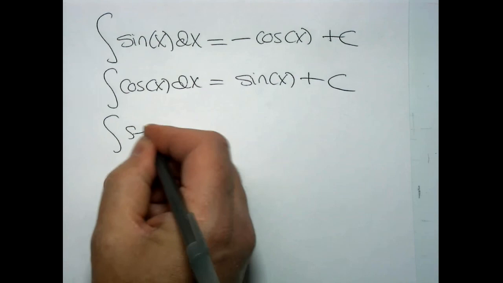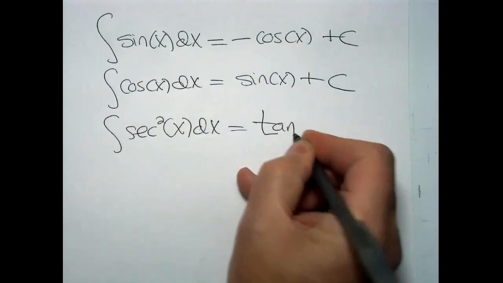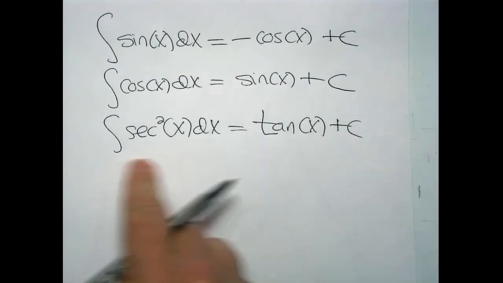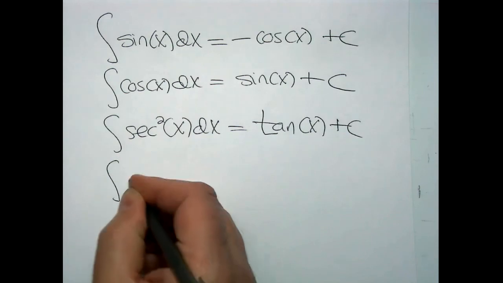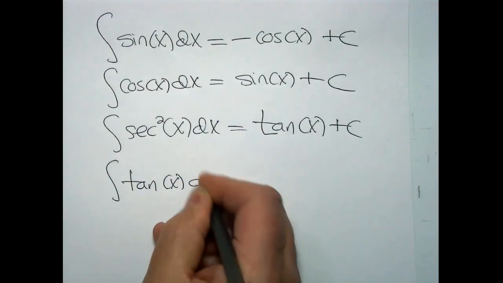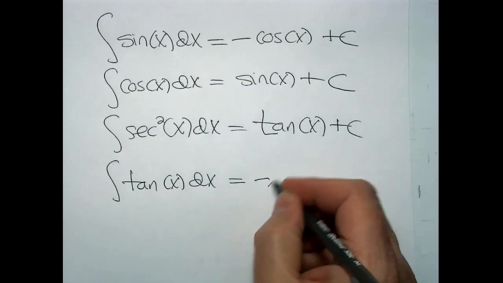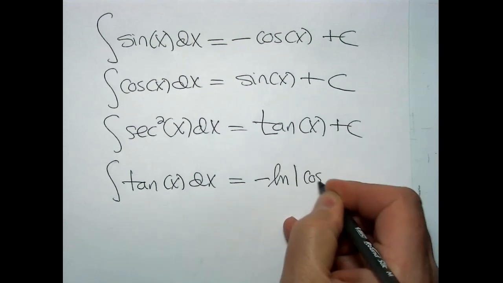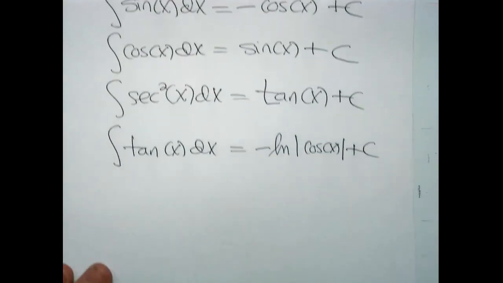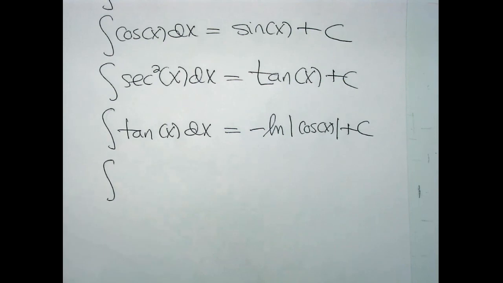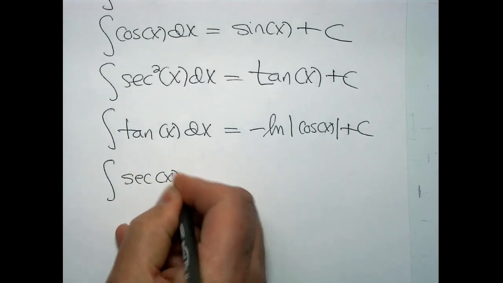The antiderivative of secant squared was a very popular one because I know the derivative of tangent becomes secant squared, so the antiderivative must be tangent. And now we've got a couple of new ones. So apparently in the tables, they like to use minus the natural log of the cosine. And then there's 2 more. And that would be secant and cosecant.